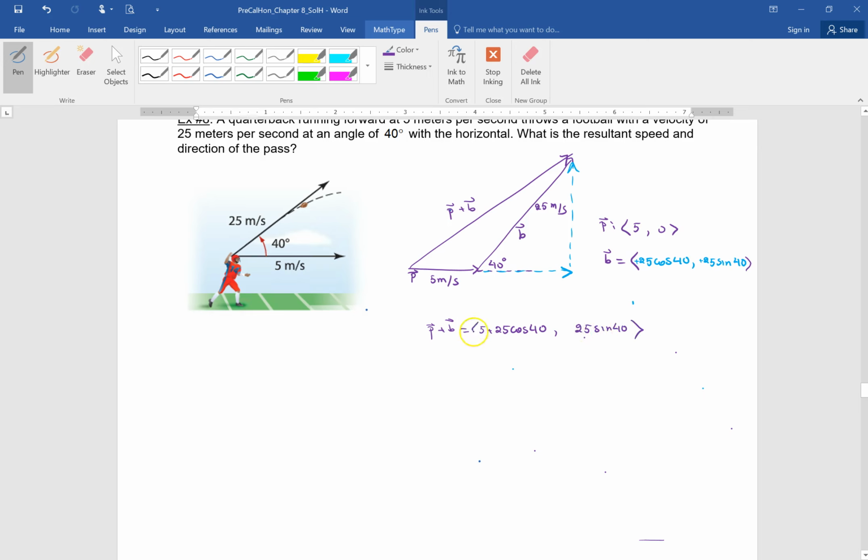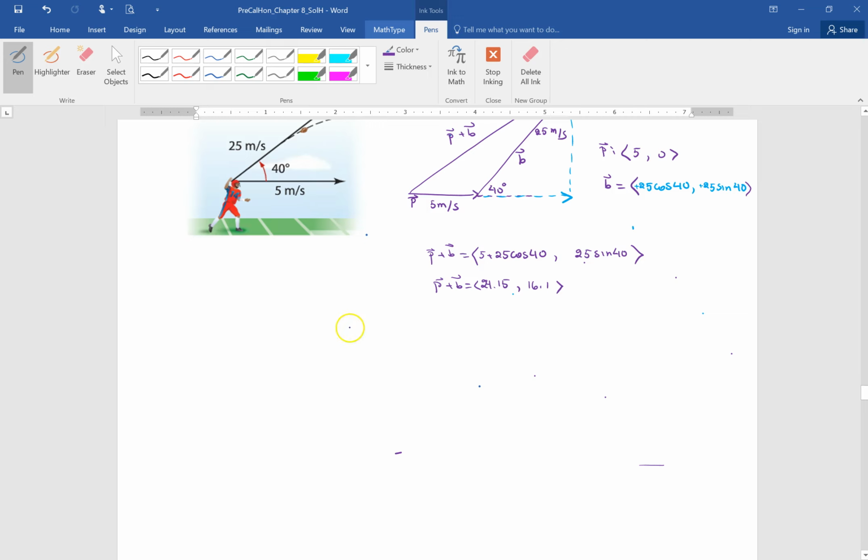So how much is 5 plus 25 cosine 40? 24.15, comma, how much is the sine? 25 sine 40 is 16.1. Okay? That's the component form.